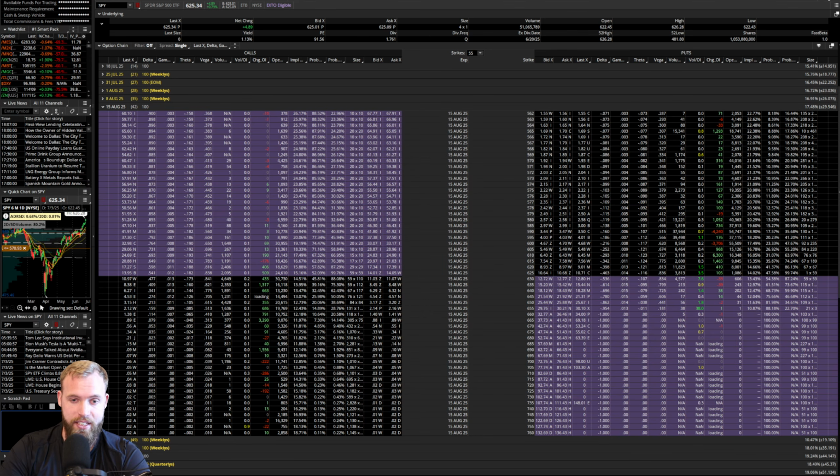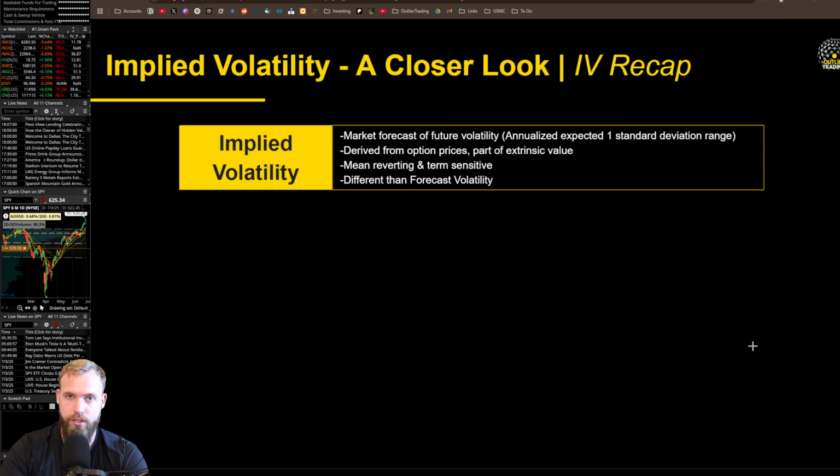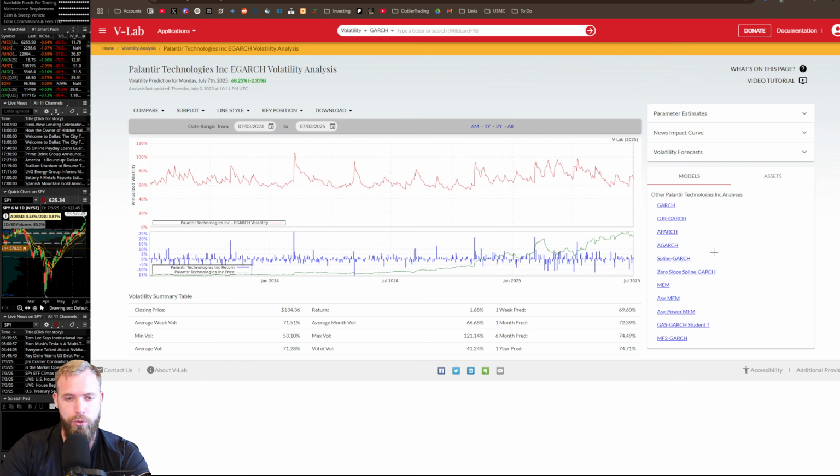Now, for retail options traders, implied volatility is plenty good. You're not going to get a lot of value of trying to forecast your own volatility other than it being a great exercise. Forecast volatility is when we use different kinds of models. GARCH is a really common one. EGARCH with jump diffusion, stuff to take into account gaps.